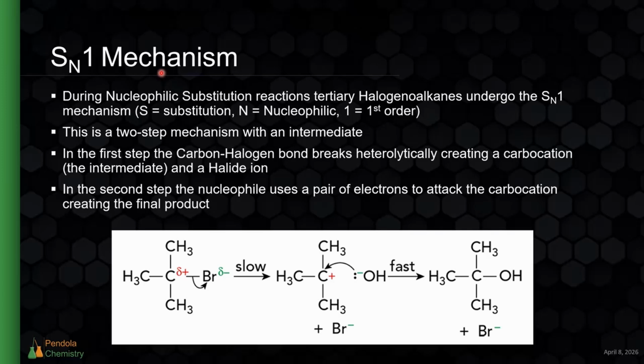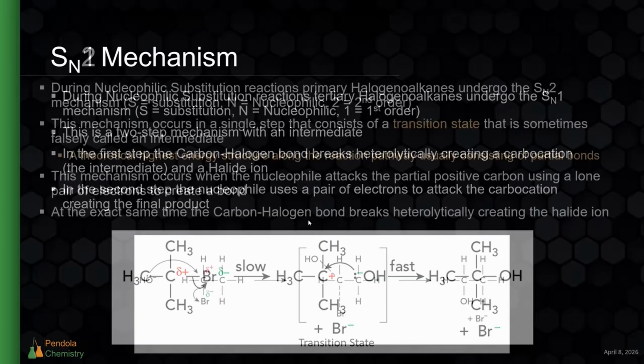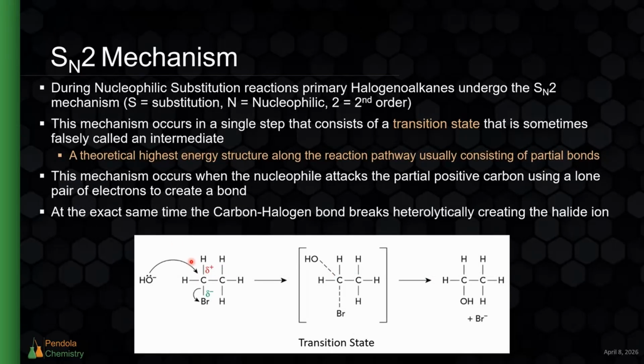Now, let's talk about why these are different. So why does a primary halogenoalkane undergo SN2 mechanisms while a tertiary halogenoalkane undergoes an SN1 mechanism? And the answer lies in this intermediate right here, the carbocation. Notice how SN1 mechanisms create carbocations, but SN2 mechanisms skip it.